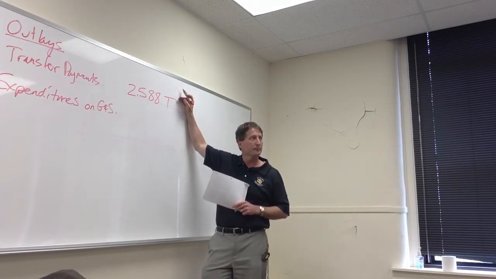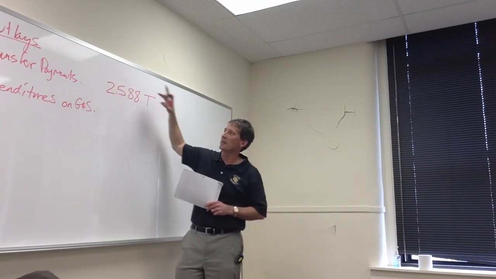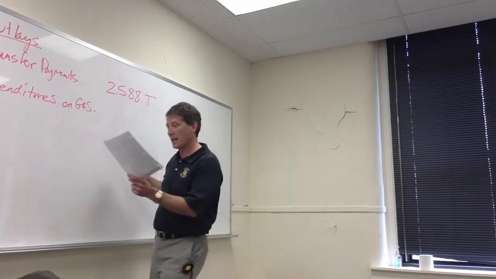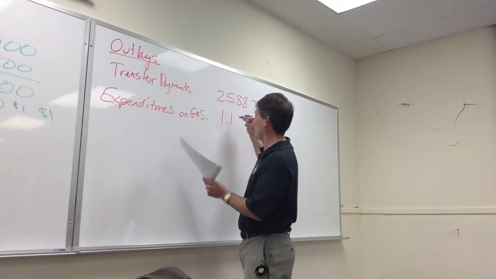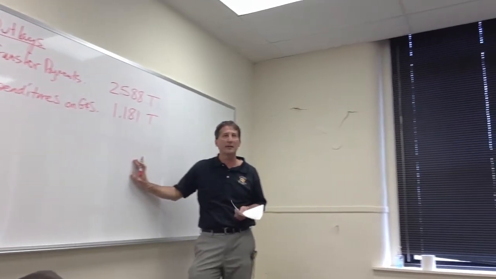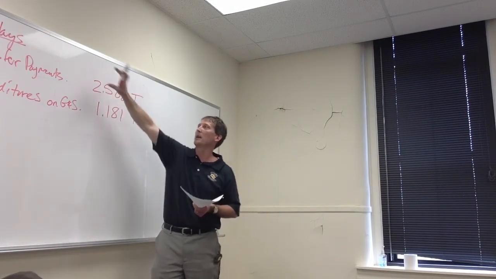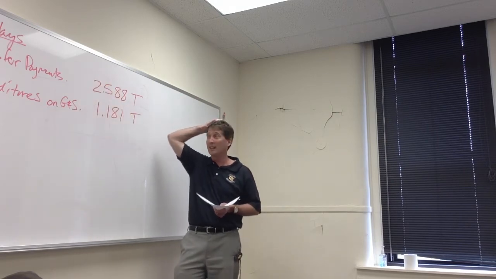Bigger? Another one where it's just not according to your gut. So transfer payments are actually much larger than the $1.181 trillion. I totally would agree with you. I would have normally thought that type of stuff would be much higher than transfer payments. It's not.